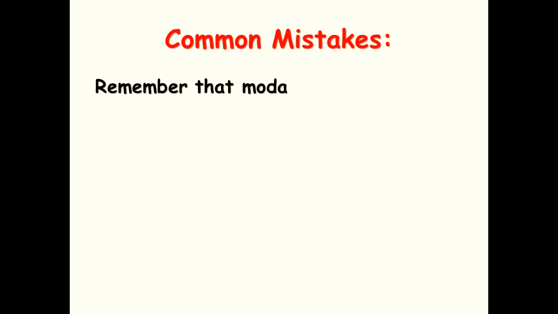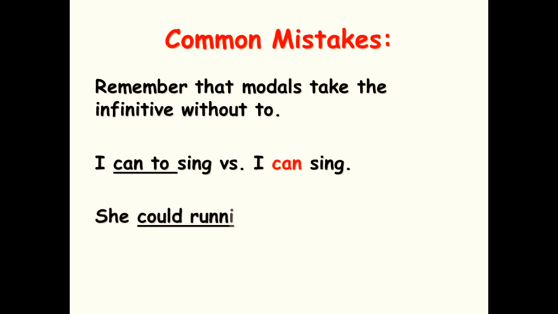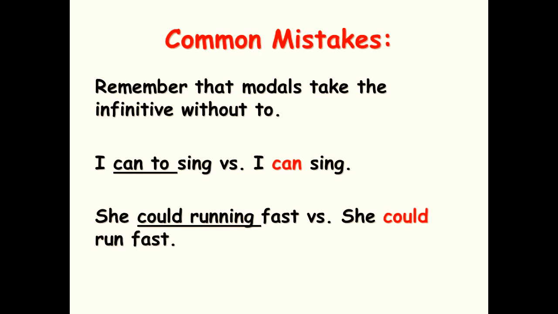Now let's take a look at some common mistakes. A very common mistake is using to after a modal. Remember that modals take the infinitive without to. I can to sing versus I can sing. She could running fast versus she could run fast.